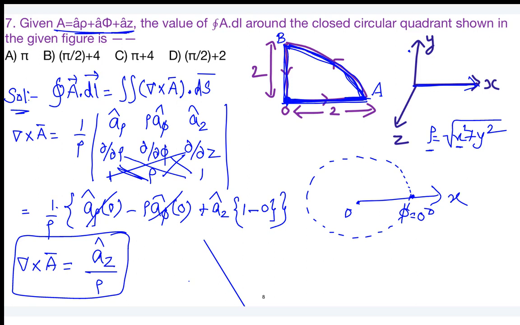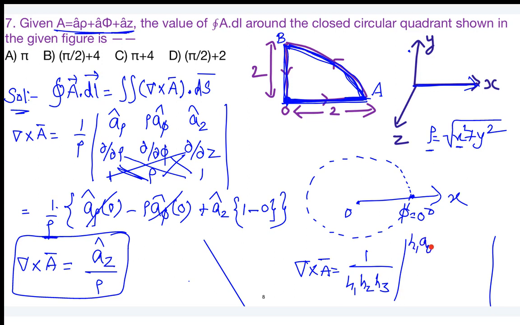Correct. In case of cylindrical, if you go to the previous definition for curl, what is the basic definition? You can look at it by 1 by H1 H2 H3 into, you remember? H1 AU, H2 AV, H3 AW, and the second row will be dou by dou U, dou by dou V, and dou by dou W, right?